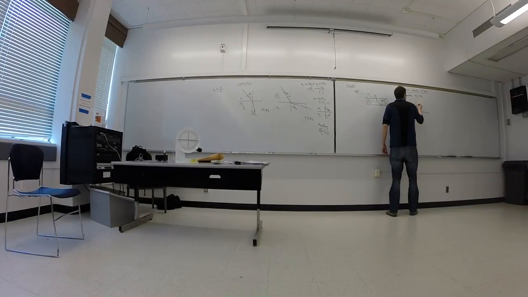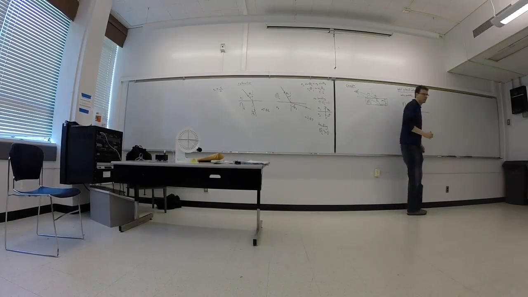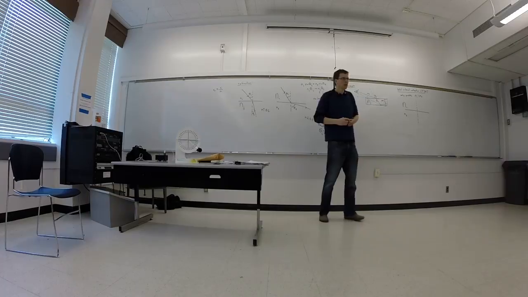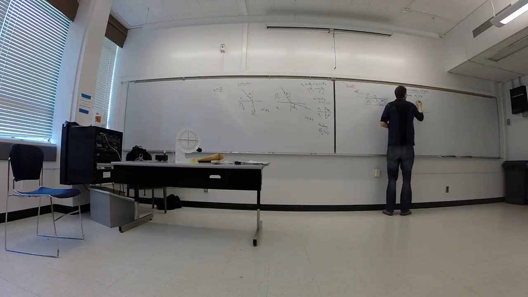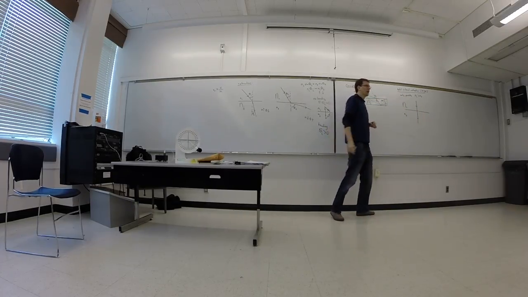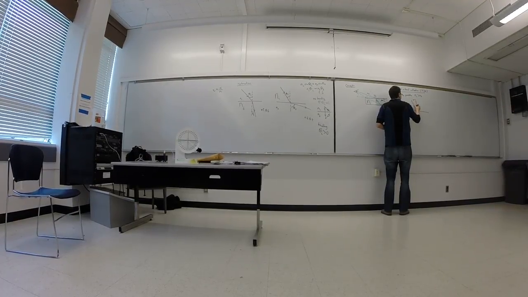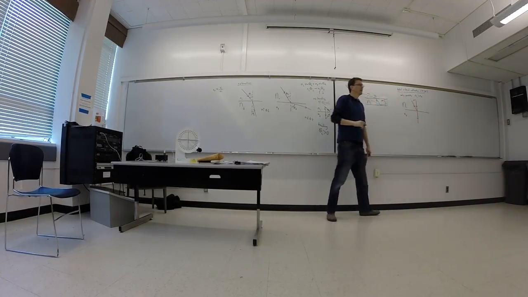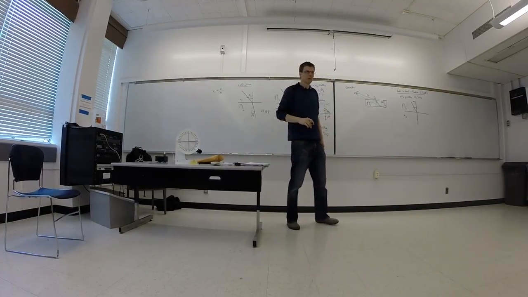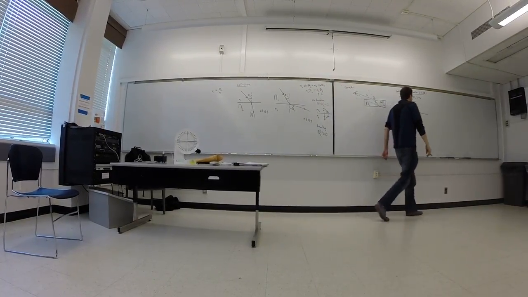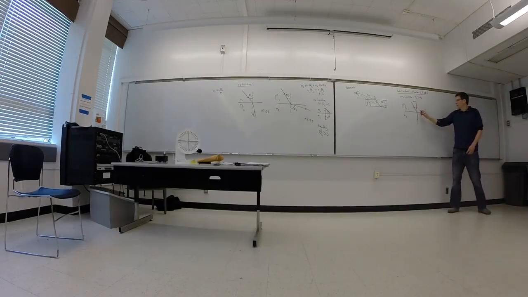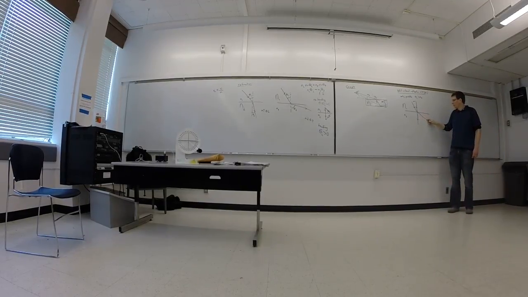So what happens? Well, if you are shooting it with an incident angle of nothing, it goes straight through. If you increase the incident angle a little bit, then this will be even bigger. So it's going to bend away from the normal.